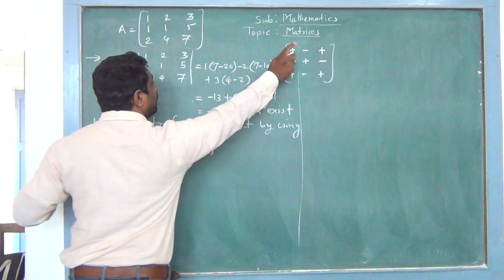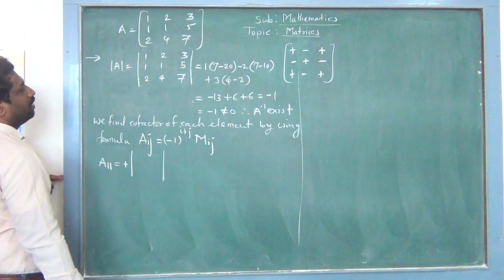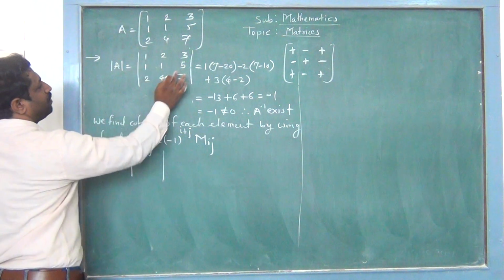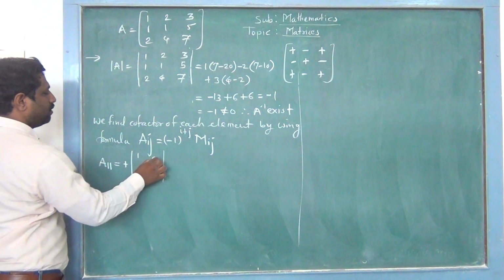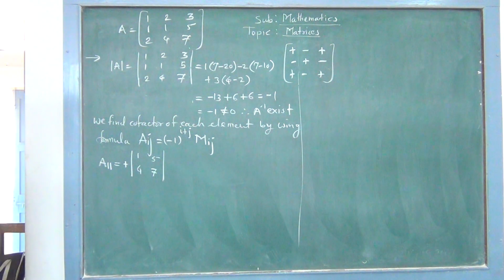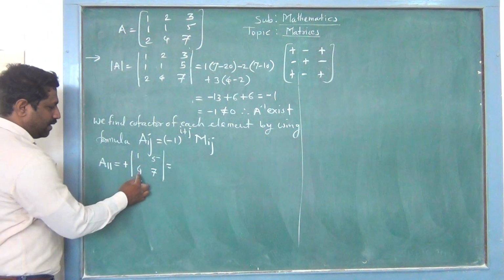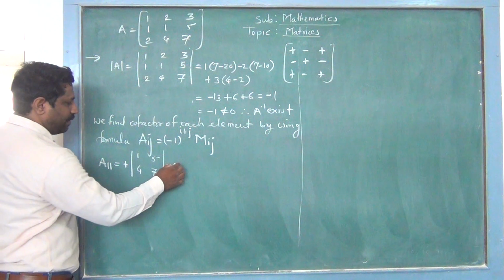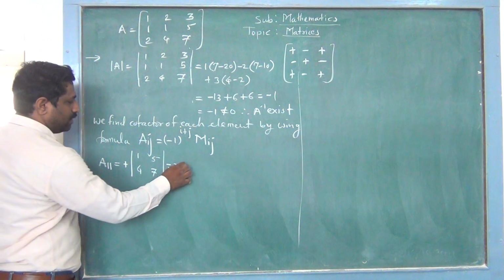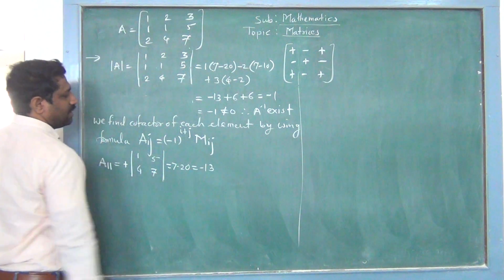So there is a plus sign, times the minor of this element, 1 5 4 7. Now solve this determinant: 7 minus 20, that is minus 13.